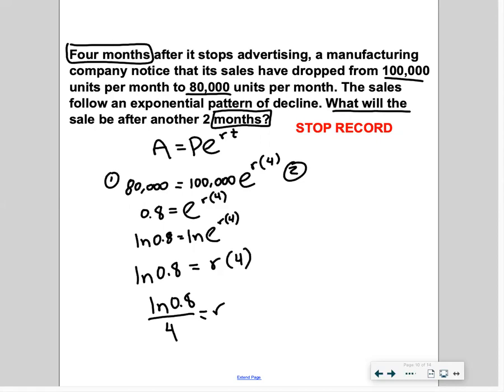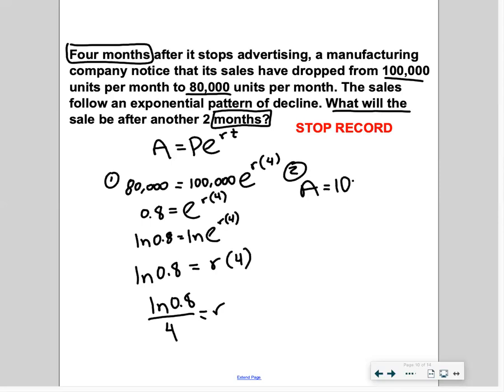What will the sale be after another 2 months? So we're looking for our final amount. Sometimes they ask you for original, sometimes they ask you for your final, and both of these are asking you for your final. Okay, so now the question is, what is my P? Is my P 1,000 or is my P 80,000 or 100,000?